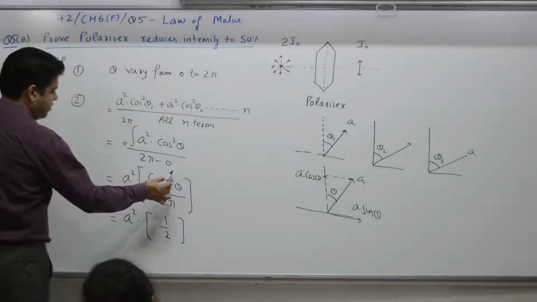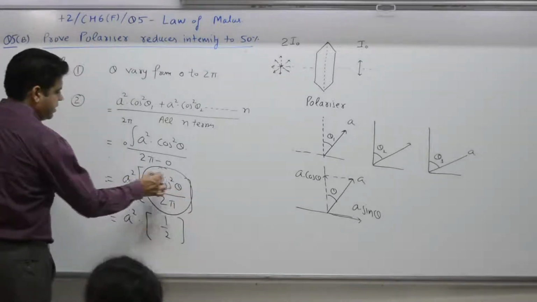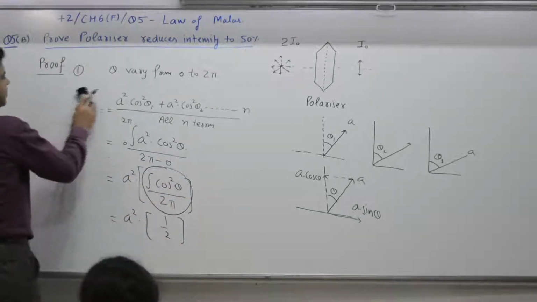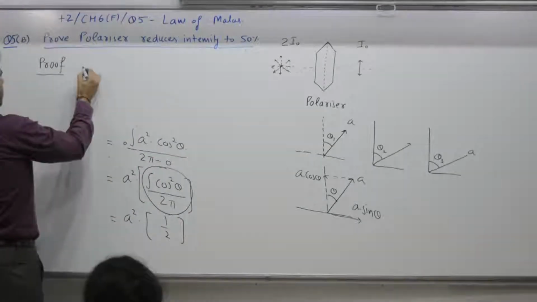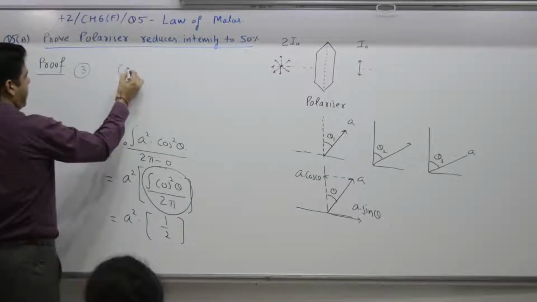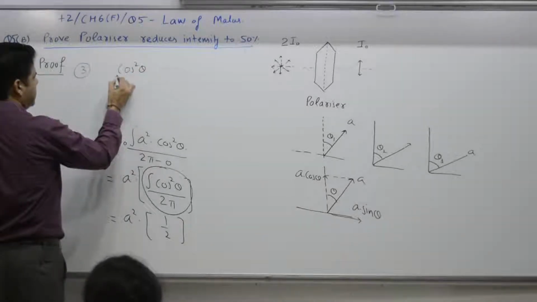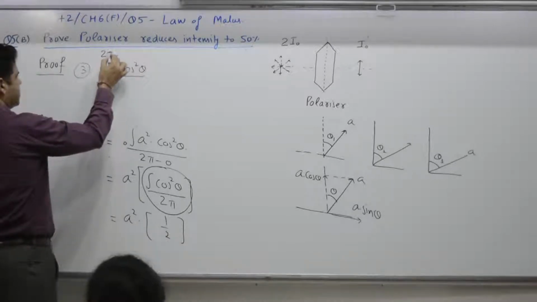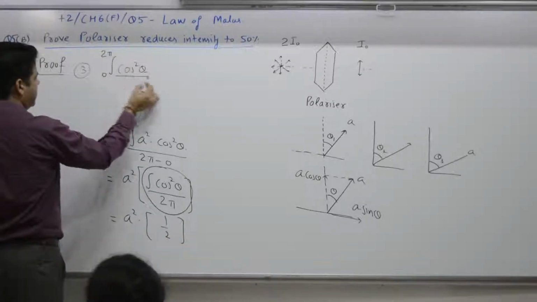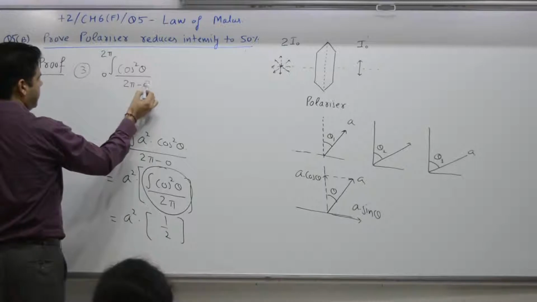Last step, we will prove this part is equal to 1 by 2. The average of cos square theta over the integration limits 0 to 2 pi is divided by 2 pi minus 0.